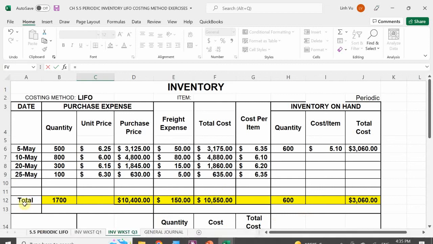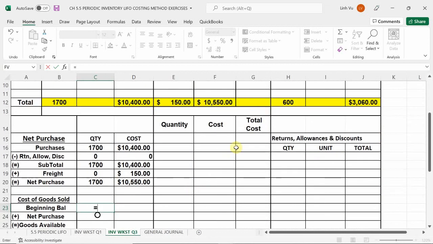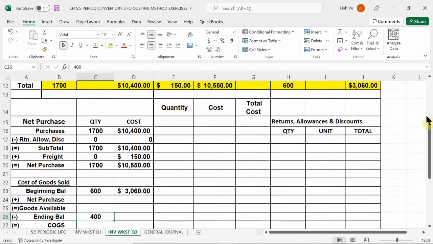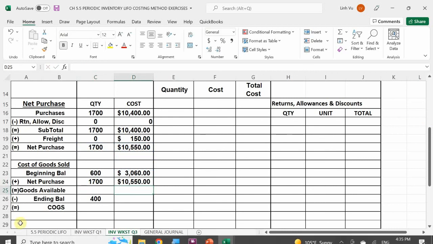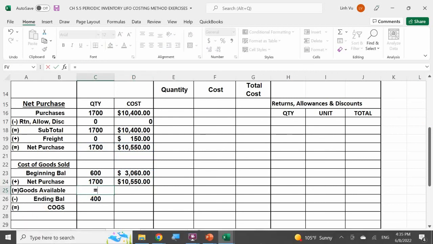So in this case, I have 600 units at a grand total of 3,060. And what I'm going to do here is carry down what I purchased from above, my net purchases. That lets me know how many items I have in grand total available to sell. So I add those two numbers together: 1,700 plus 600 gives you 2,300.